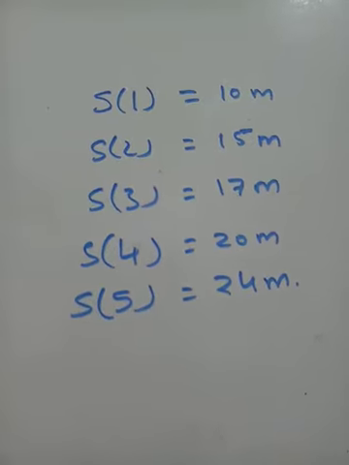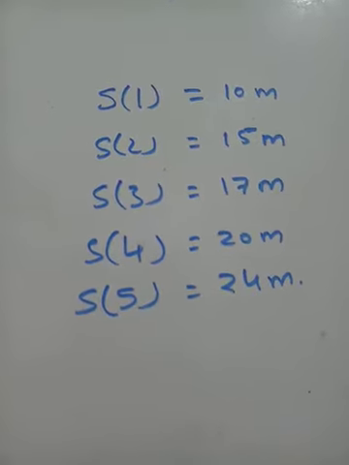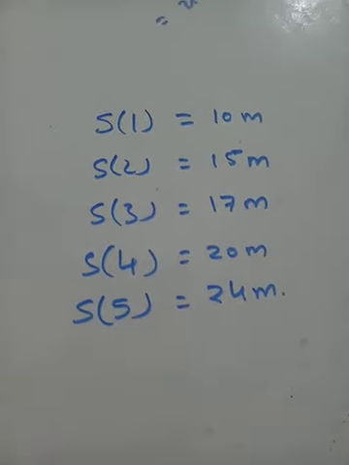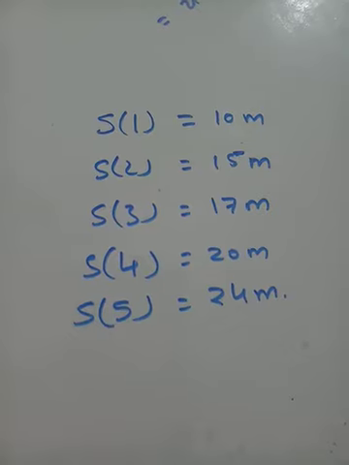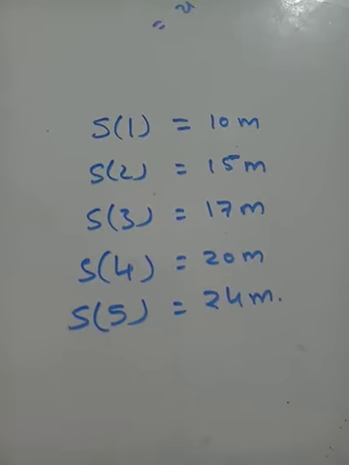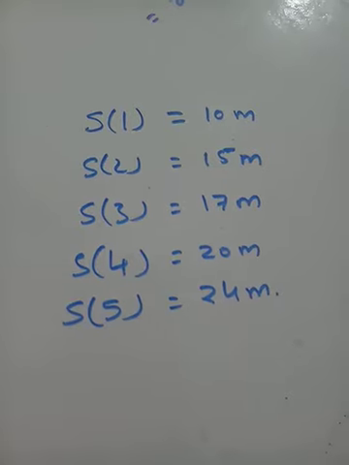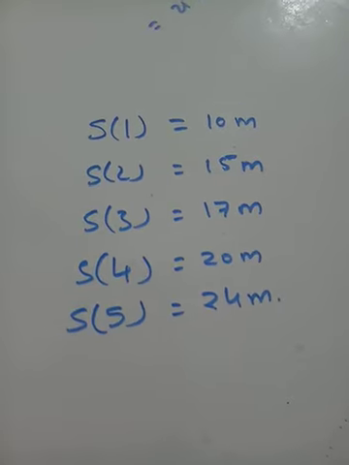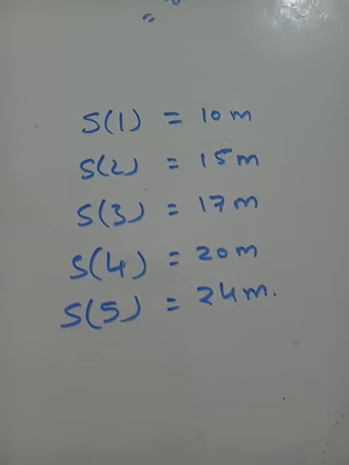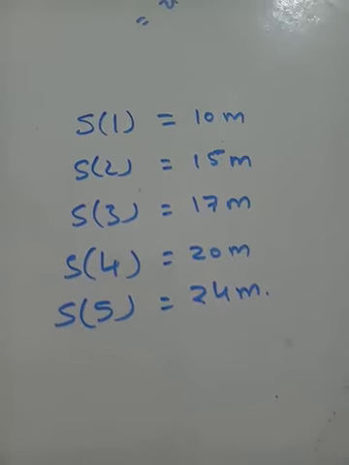Now look at the data, and on the basis of the data, try to answer this question: what is the distance covered by the body in 3 seconds? The answer is 17 meters. Now tell me, what is the distance covered by the body in the 3rd second?